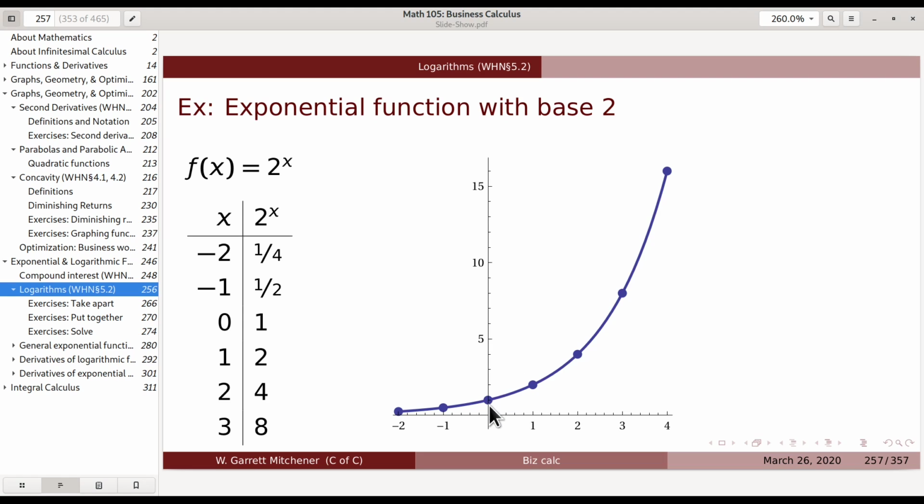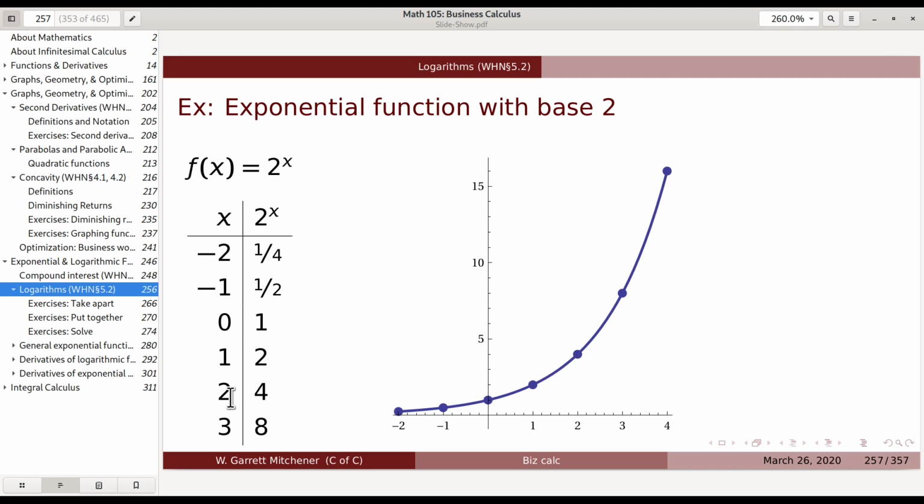For example, here at x equals 0, y is equal to 1. If I add 1 to x, the y doubles. So we go to 2. If I'm looking at x equals 1 and then I add another 1 to it, the 2 doubles to 4. So we go from 2 here to 4 here.